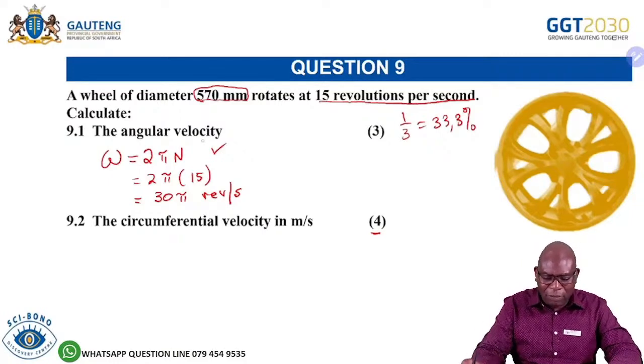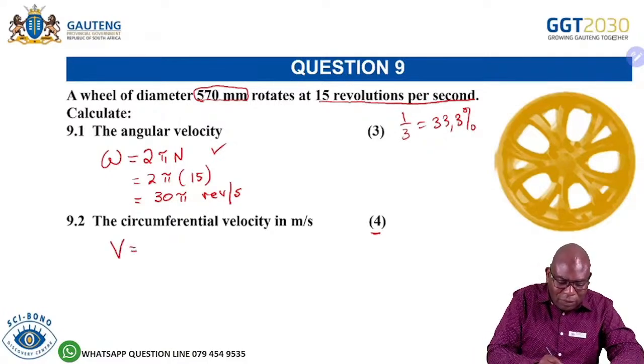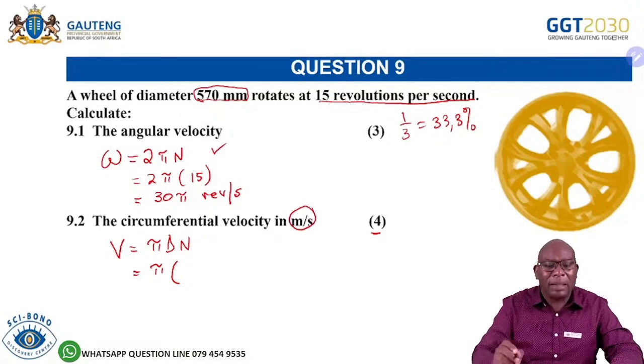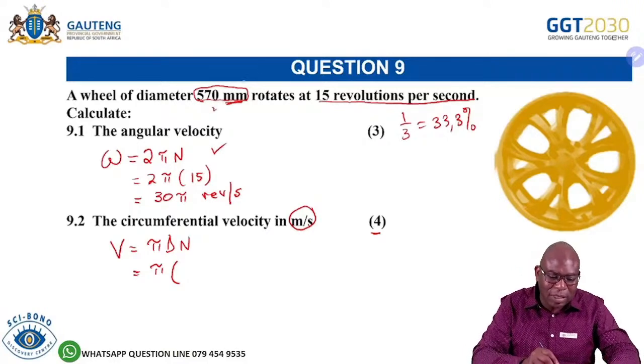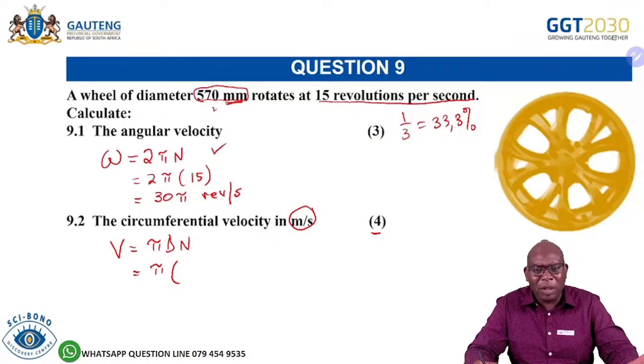The circumferential velocity in meters per second. Remember, it's V equals pi d times n. The diameter, remember, they want it in meters per second, but the diameter is given in millimeters. Do you see where we mess up? So we must check. If it was given in meters and they need it in meters per second, that's fine, substitute it as it is.